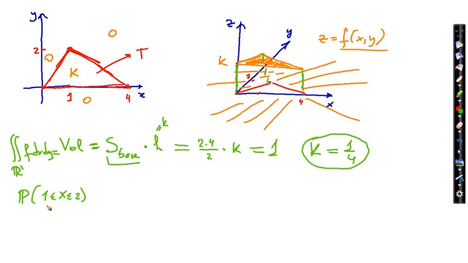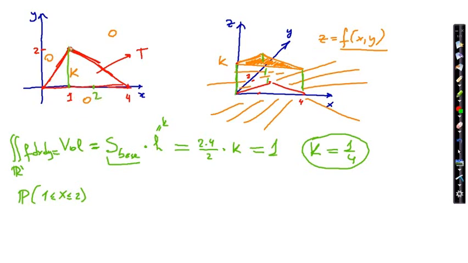I want to calculate the probability that X is between 1 and 2 and Y is anything, because we do not restrict Y. So X is between 1 and 2, say this is 1, this is 2, X needs to be here and Y can be anything.